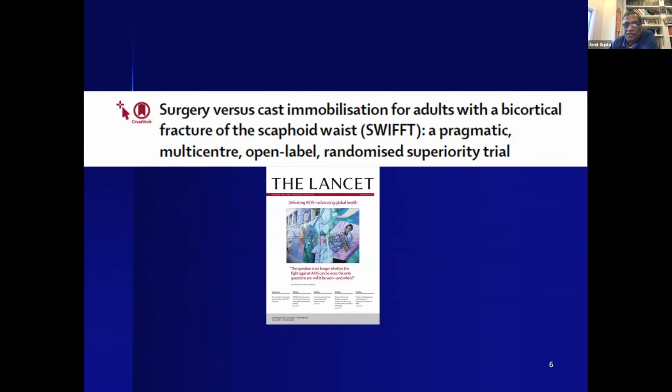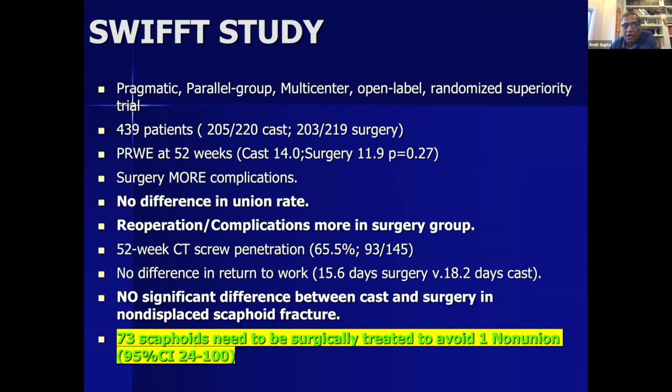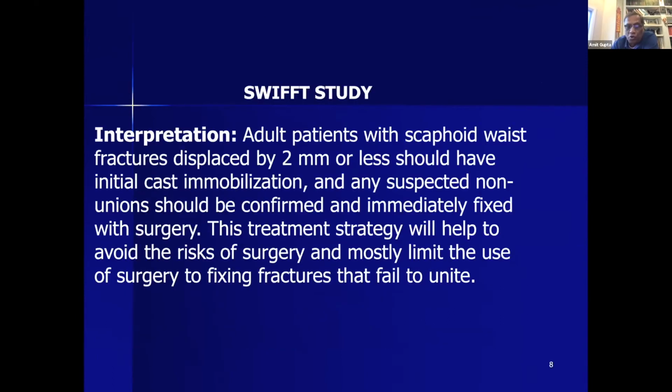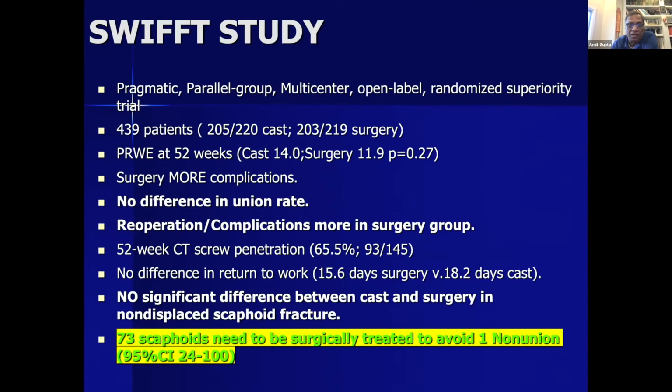Then we discussed, with the help of Nicholas Poulos, the SWIFT study, which was published in the Lancet. It was a large, pragmatic, parallel group, multi-center, open-label, randomized superiority trial of 439 patients, done in England. They assessed the PRWE at 52 weeks.